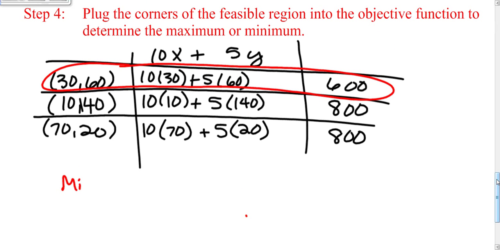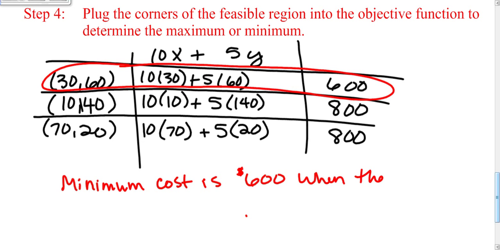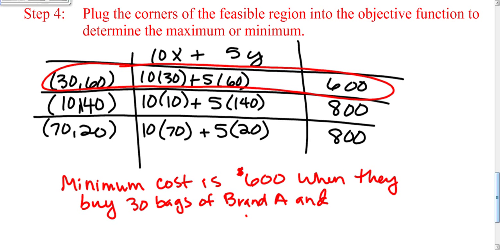The minimum cost is $600 when they buy 30 bags of brand A and 60 bags of brand B. Okay, so that's that. That's a long process, but you can do it.